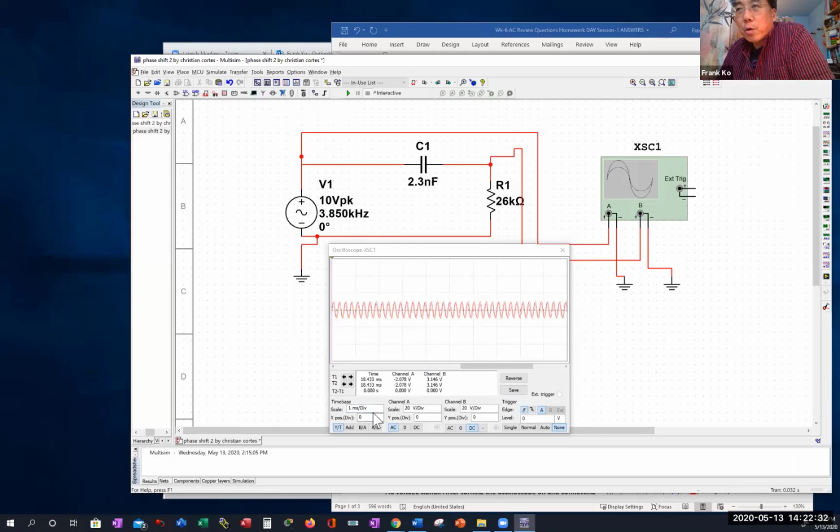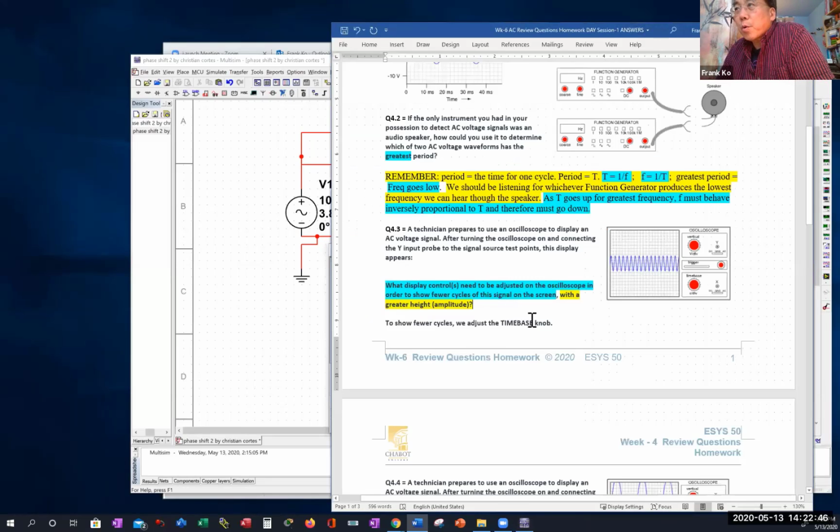So we already know how to show fewer. We show fewer by simply adjusting our time base. So now we show fewer. And you're right, Gabriel, that if we wanted to increase the height of the display, we have to go to our vertical control.